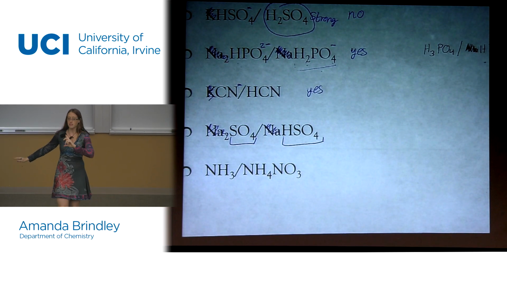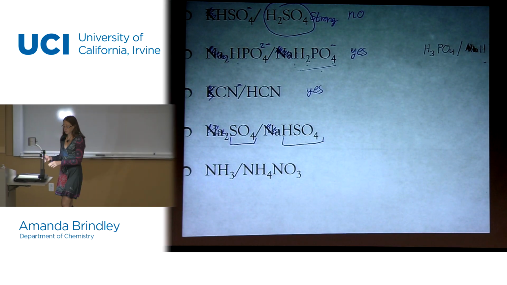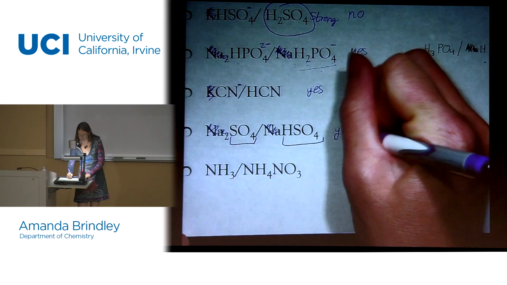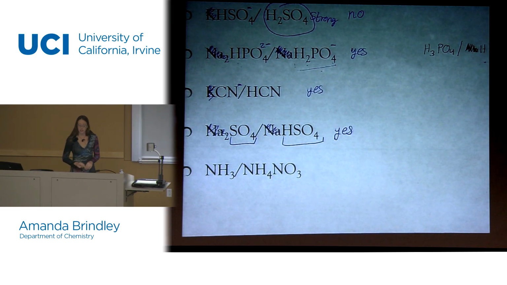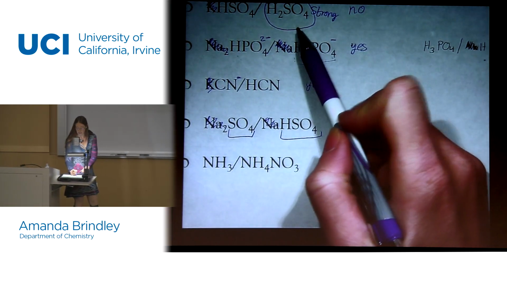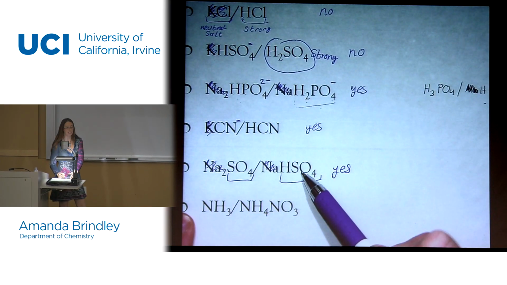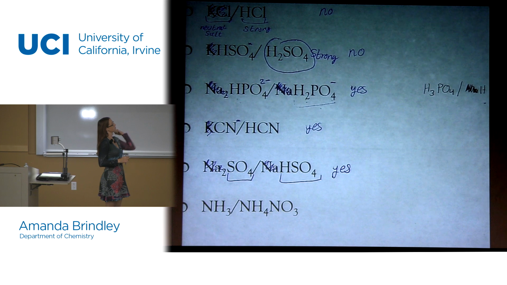That first one that comes off is. The second one that comes off is still a weak acid. It's still going to be in equilibrium. So this is a buffer. HSO4 and H2SO4 isn't what we did up here because that is a strong acid. That isn't. That's a weak acid. So that's a buffer.